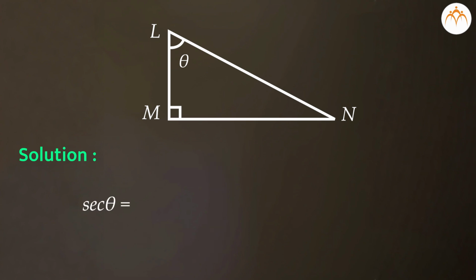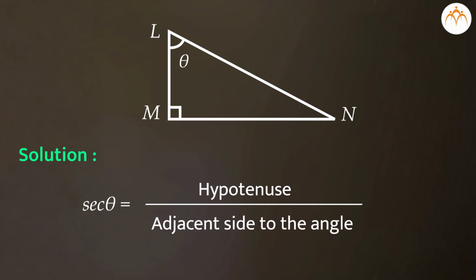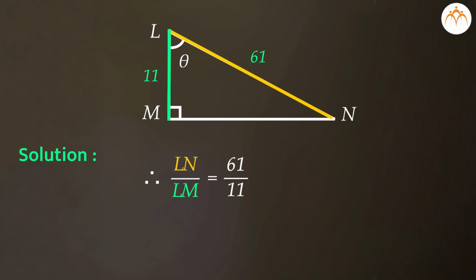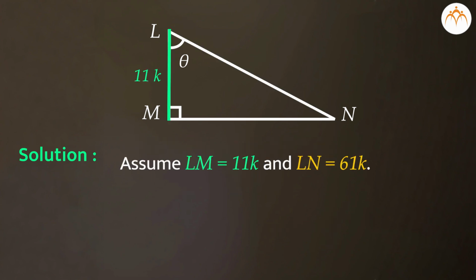Sec theta is equal to hypotenuse upon adjacent side to the angle equal to LN upon LM. Therefore, LN upon LM is equal to 61 upon 11 because sec theta is 61 upon 11. Now let's assume LM is equal to 11k and LN is 61k.